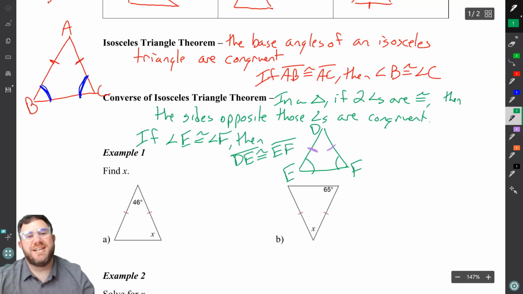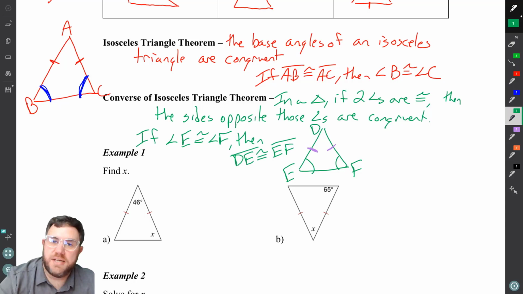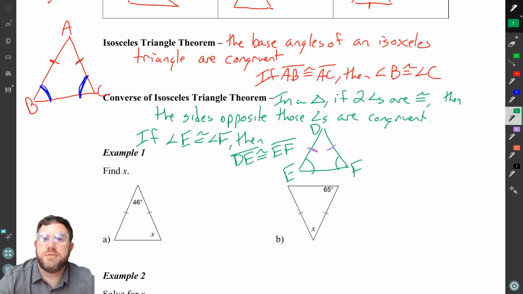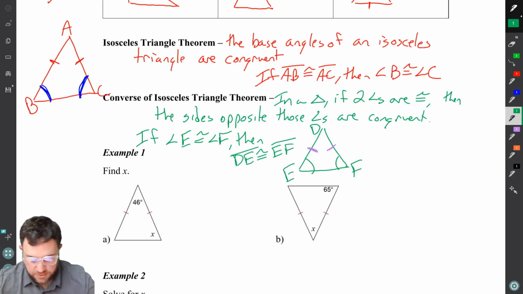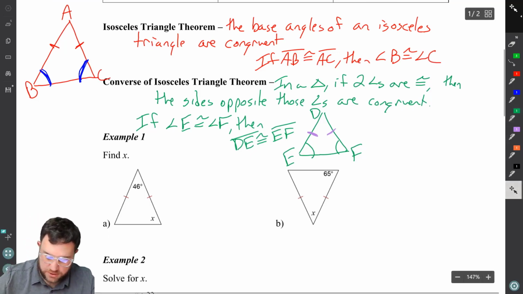So one of them says if we have two angles, we know the sides are congruent. One of them says if we have two sides, we know the angles are congruent. So they're the same idea forwards and backwards.